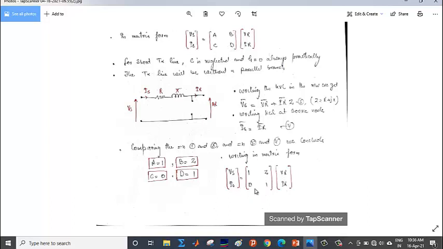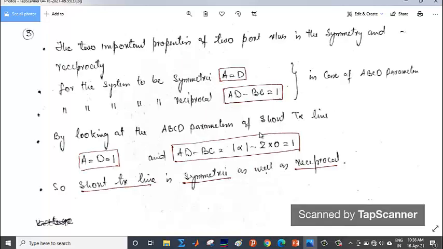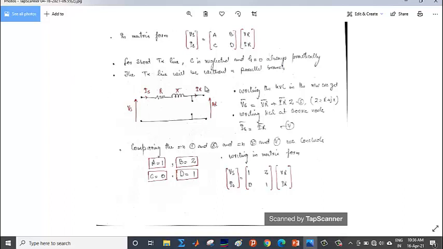This ABCD matrix is also known as the system matrix. So the two important properties of a two-port network are symmetry and reciprocity. We want that our system should follow both reciprocity and symmetry.